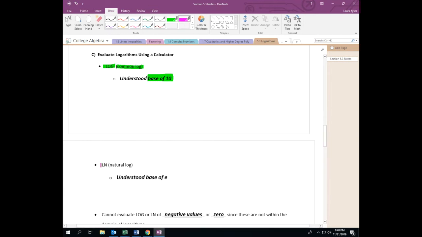Natural log, the ln button, is the log base e, which I already mentioned. And again, it's very specific. You can only use the natural log button if you are dealing with e stuff. So when you're doing these types of problems where you're using the calculator, it's going to say just plain old log 15, plain old log 0.13, plain old log -4.